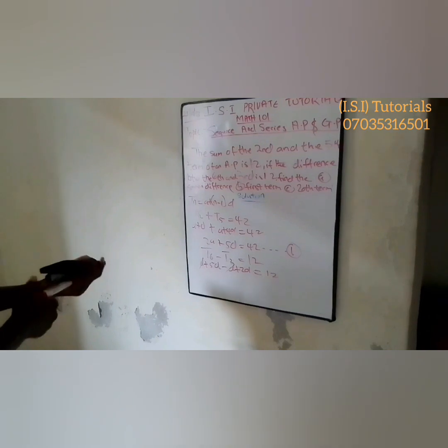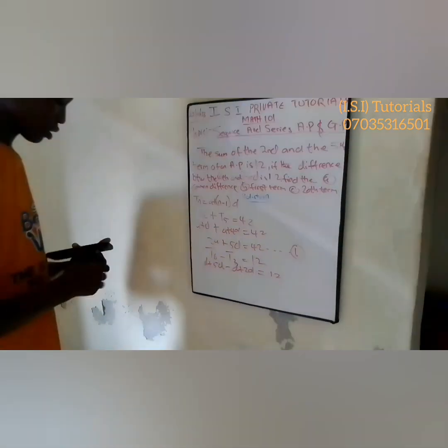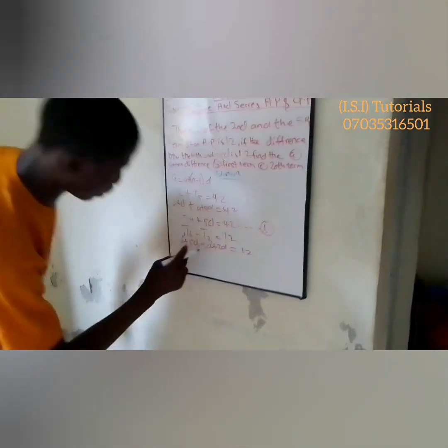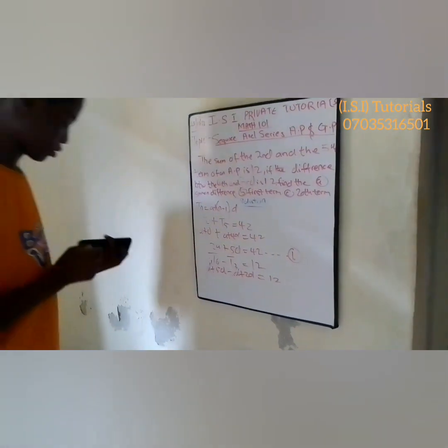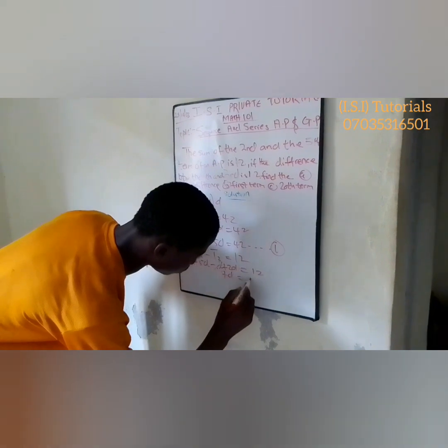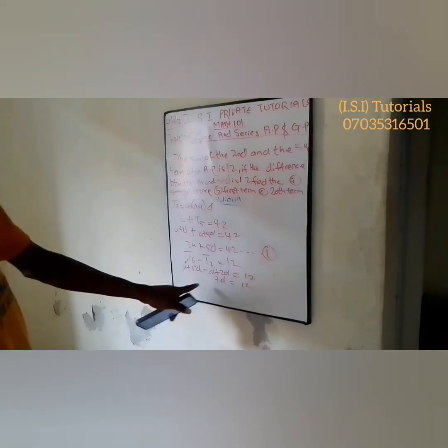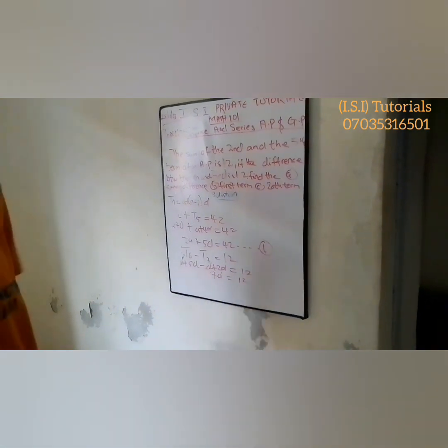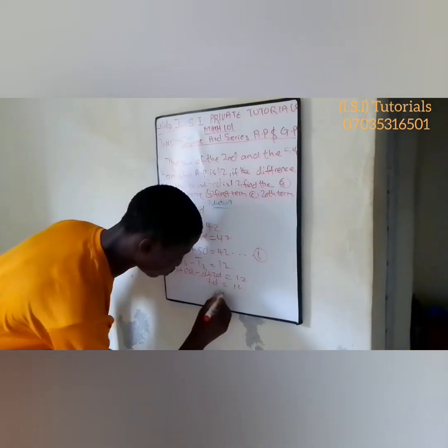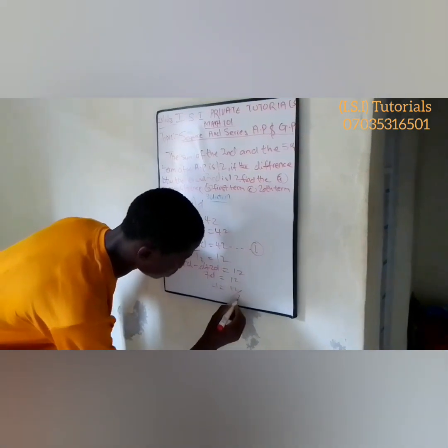Sorry for using that marker, I would have used the other one so that we can explain better. The A cancels the A, so we are left with 5D minus 2D... Actually, let me explain: we divide by the coefficient of D, and the coefficient of D is 7, so D equals 12 over 7. That should give me a decimal.